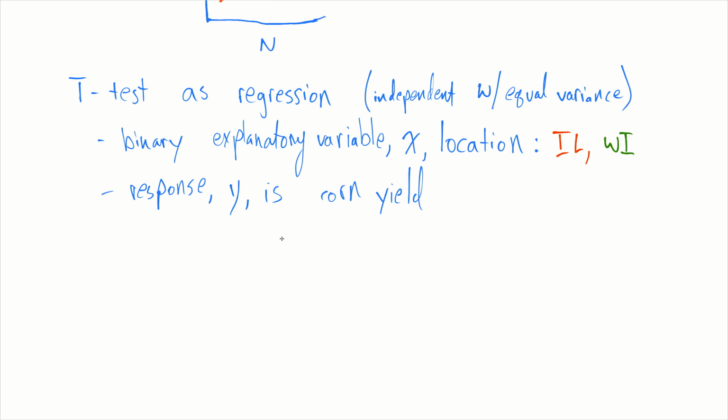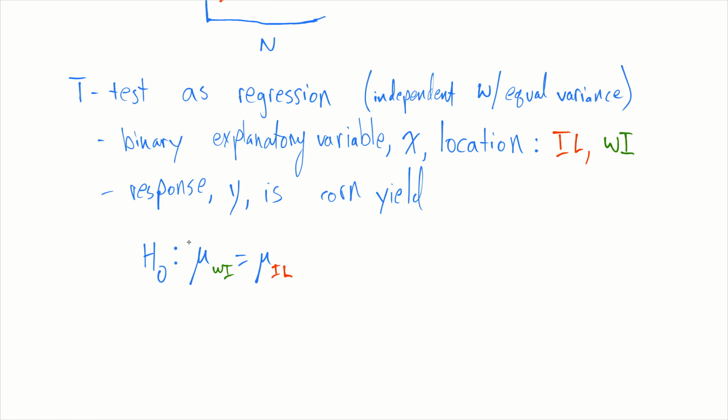So when we do that t-test, the form of the null hypothesis is mu of Wisconsin is equal to mu of Illinois.